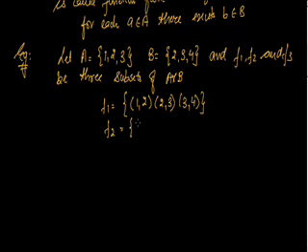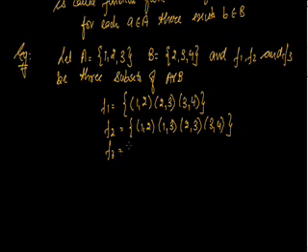F2 contains (1, 2), (1, 3), (2, 3), (3, 4). And F3 contains (1, 3) and (2, 4).